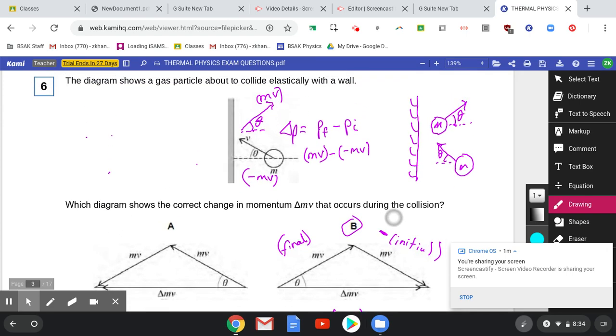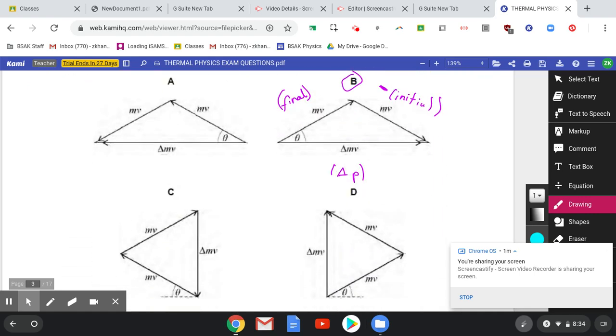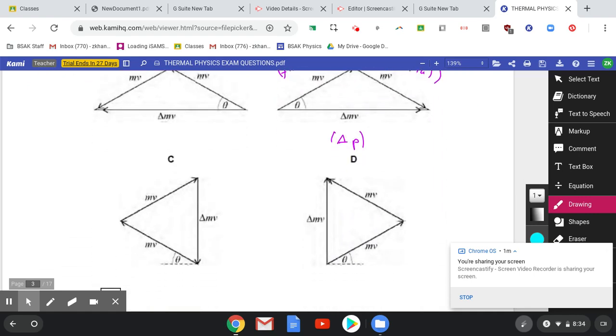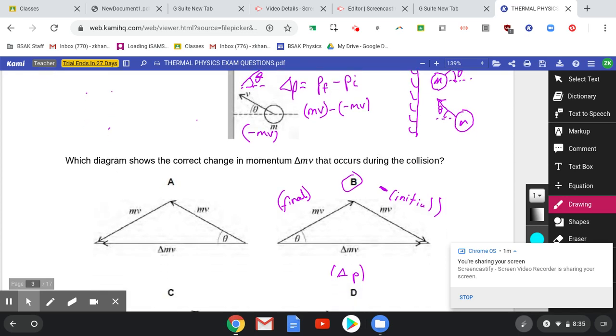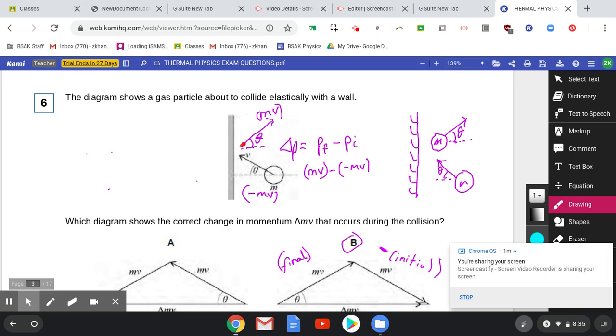So if you add these momentums up, just how they look, it may end up being something like that or like that. Now, what we have to remember is we are looking for the change in momentum. So the final momentum is mv. So that is a momentum that starts off that way.